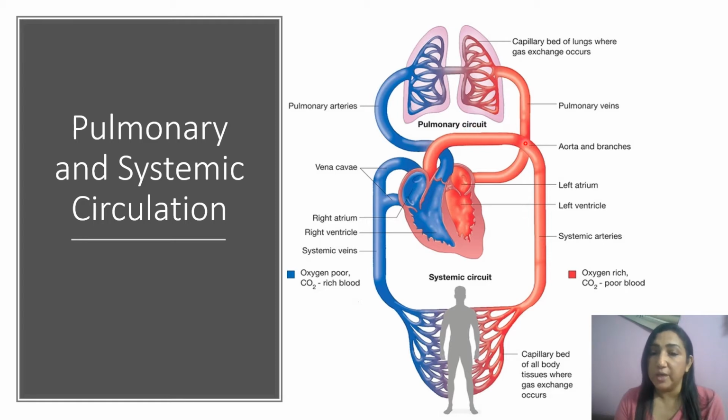From the left heart, through the aorta, it goes to the systemic circulation. Here the oxygen is released from the hemoglobin and taken up by the tissue. At the same time, carbon dioxide released by the tissue is taken up by the blood, also in the dissolved condition, and carbon dioxide rich blood comes back to the right heart. This is the whole systemic and pulmonary circulation.